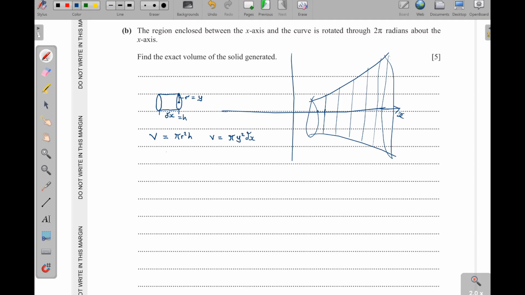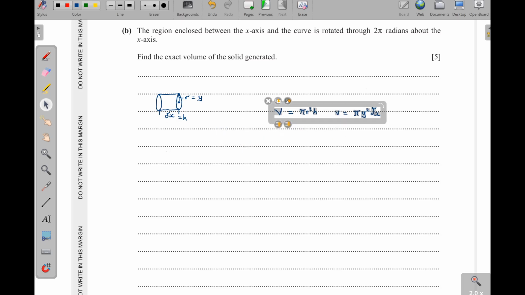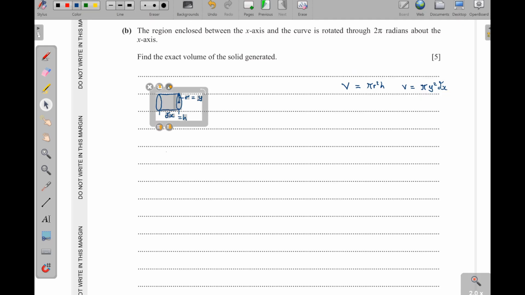You see that? But now, that is for one cylinder. So for many of them, we have to put all of those cylinders into one thing. That is what we call integration. To integrate is to put into one. So that is why for volume, we do what? We integrate.